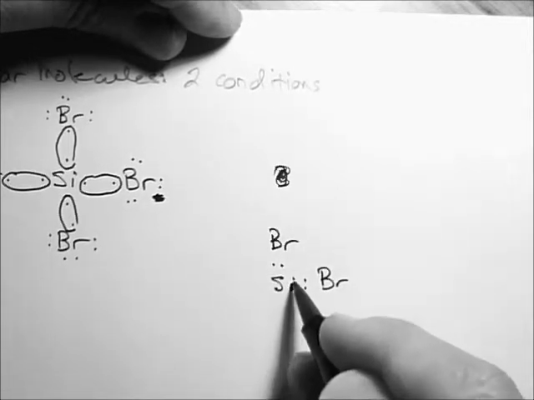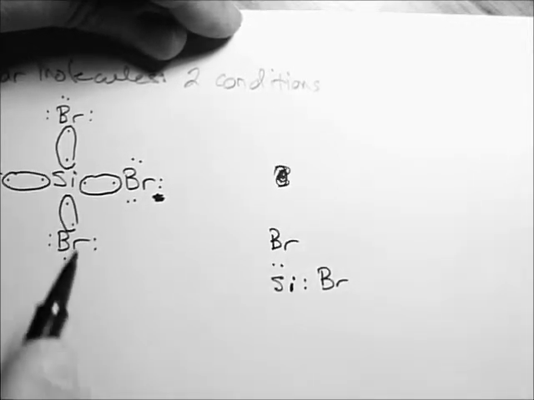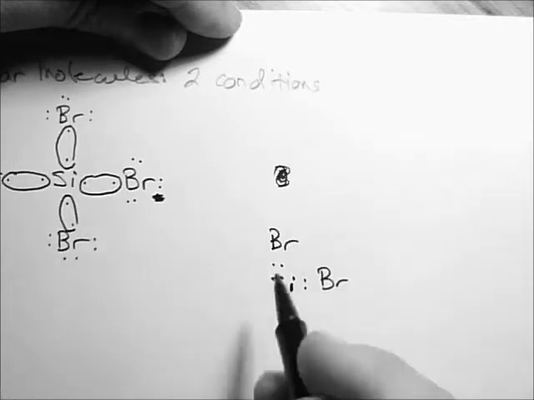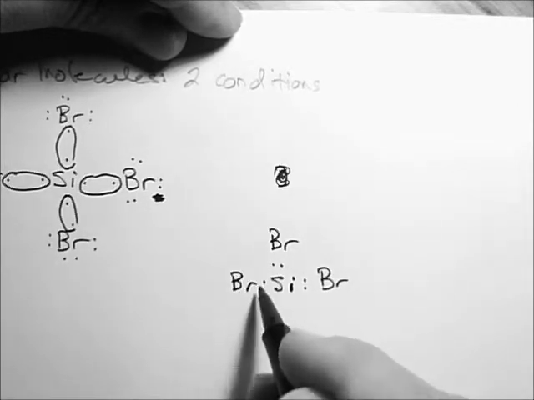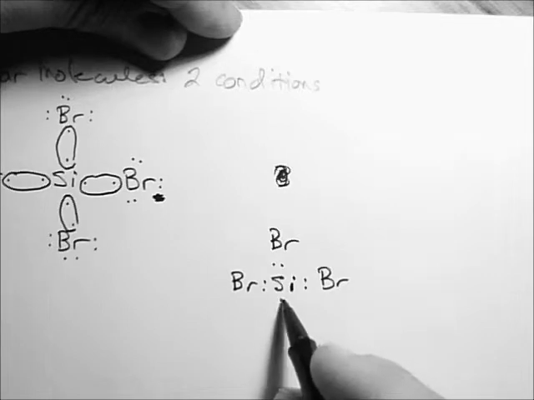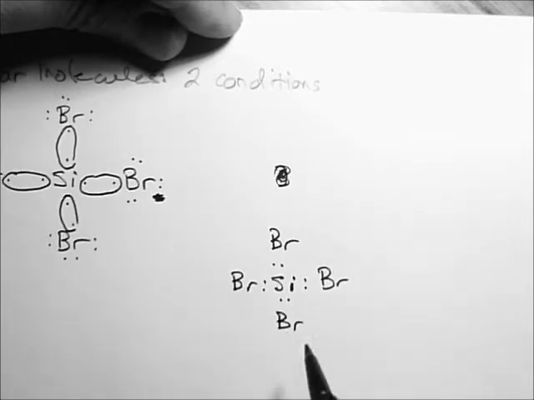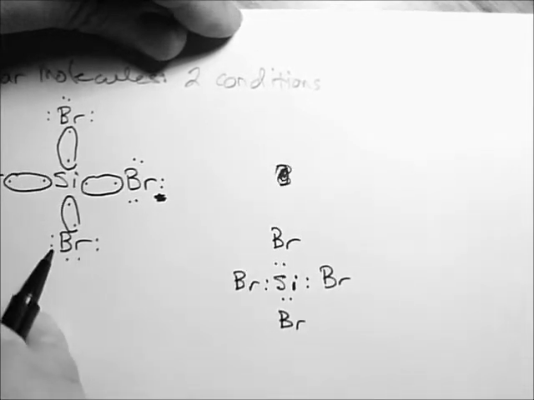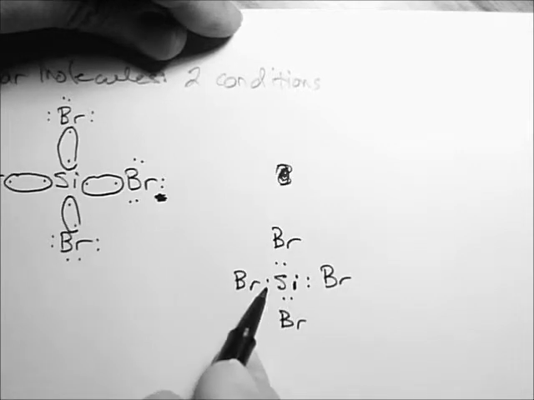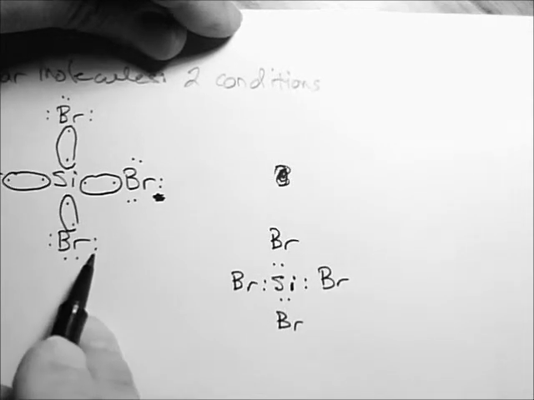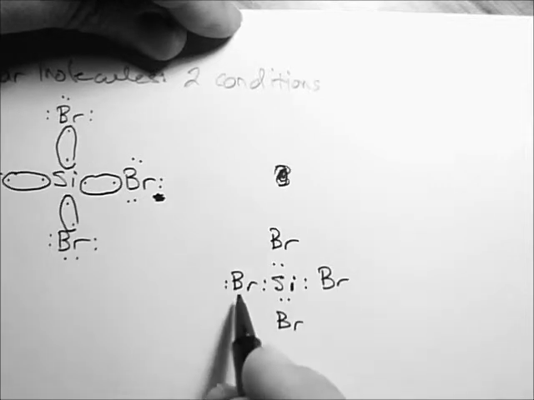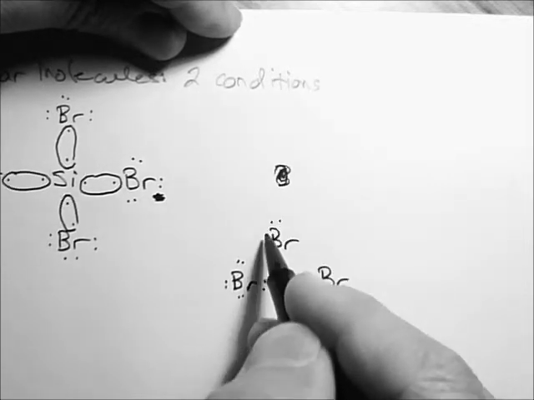That's an I, by the way. Silicon is going to share 2 electrons with this bromine, and with this bromine down here, the same thing. And we've got to go around and put all the lone pairs. So these are going to be shared pairs of electrons. I still have to put in the lone pairs, the ones that aren't shared anywhere. Go back and put all those down there.